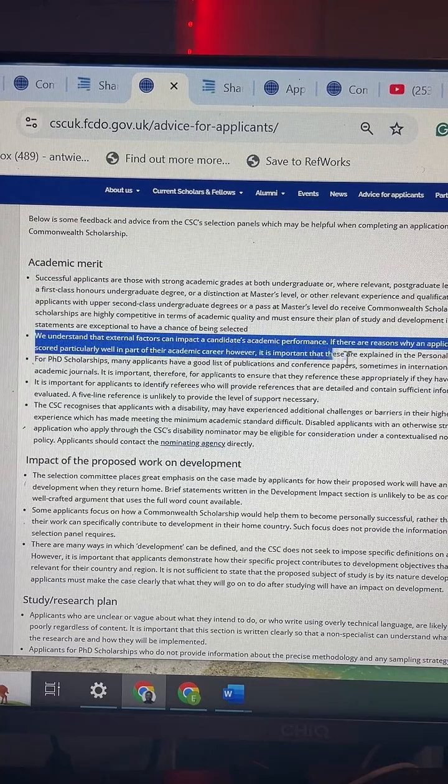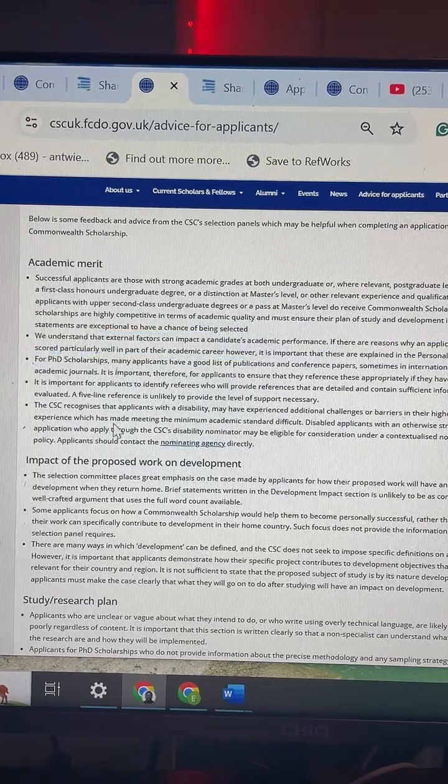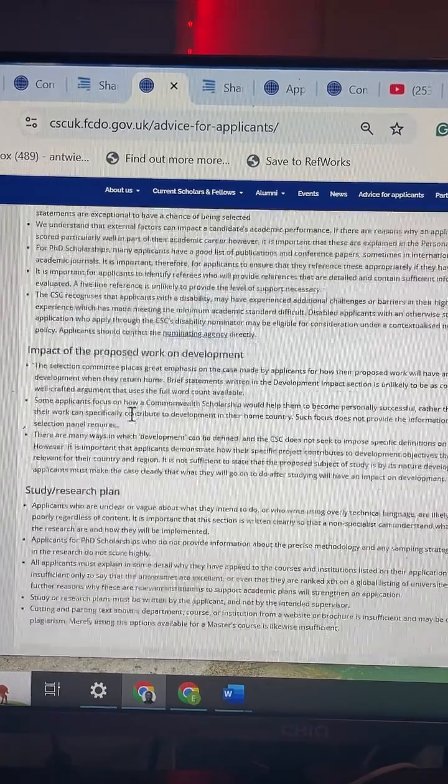And next, we understand that external factors can impact a candidate's academic performance. So if there is any reason why you were unable to get good grades, then within your personal statement, which we will be looking at, spend time to at least highlight those difficulties that prevented you from making good grades.